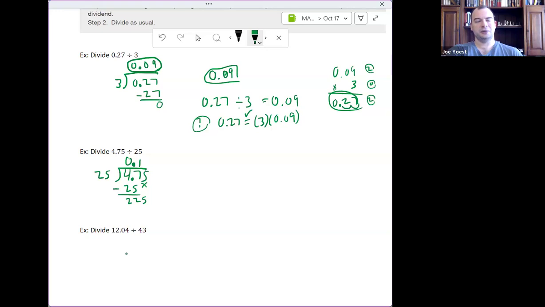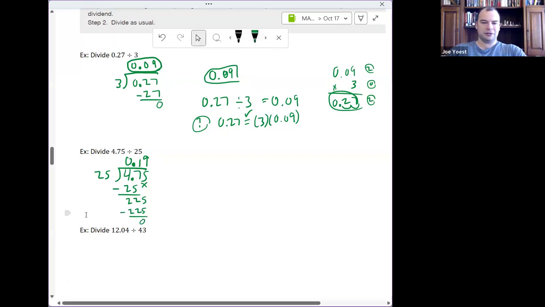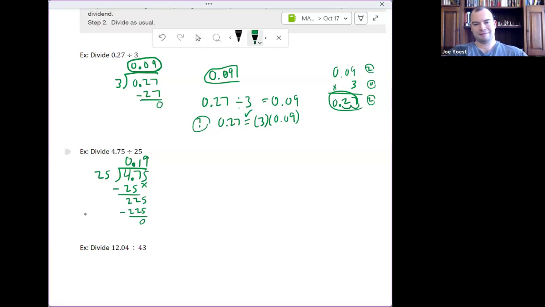Does 25 go into 225? Yes, it does, a bunch of times. 25 times 10 would give me 250. 25 times 4 is 100, so 25 times 8 would give me 200. So I think this is going to be 25 times 9. 9 times 25 is indeed 225, giving me a remainder of 0. So this quotient is 0.19, or 19 hundredths.